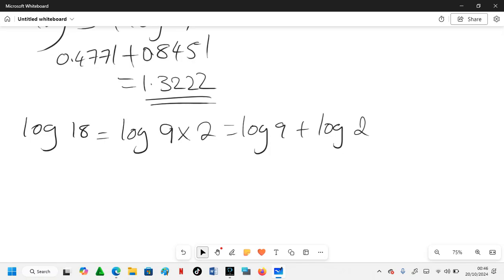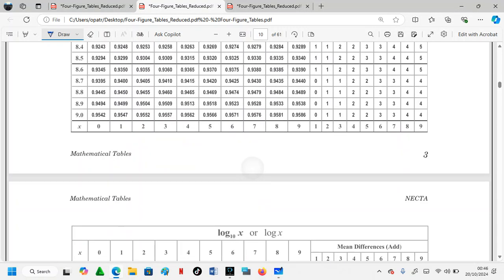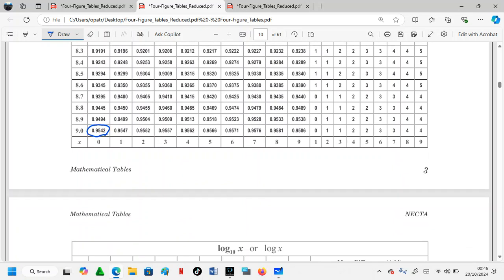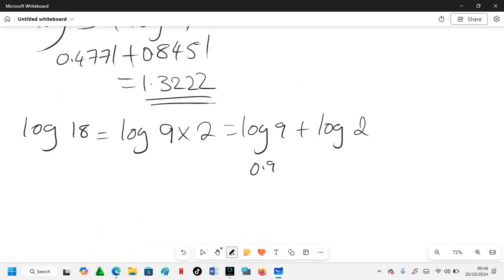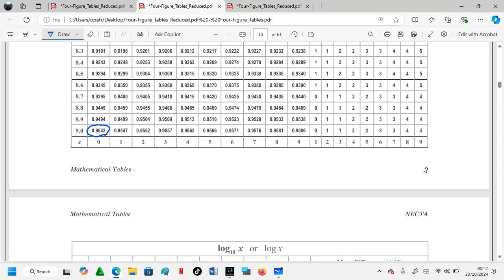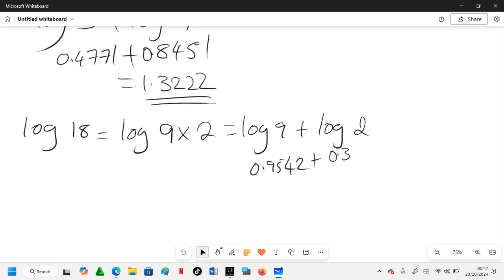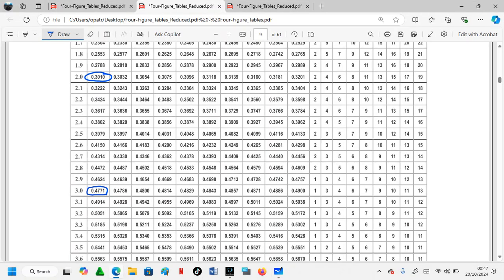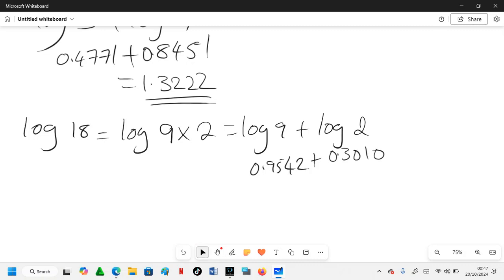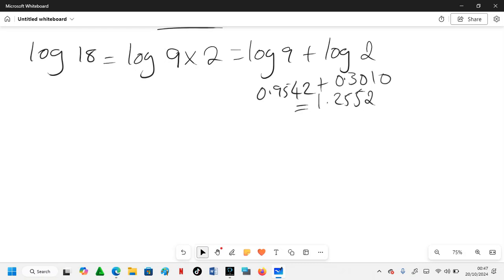The log of 9 is 0.9542 and the log of 2 is 0.3010. So 0.9542 plus 0.3010 gives us 1.2552.